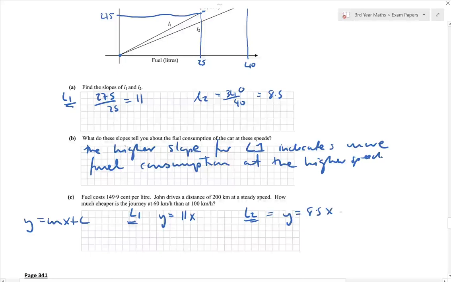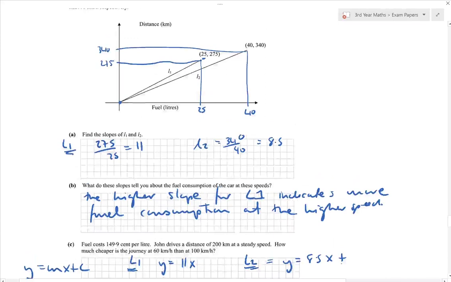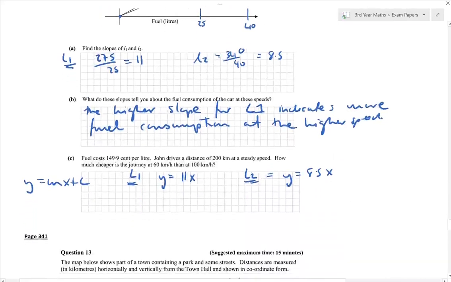But again, it crosses the y-axis at 0, so there is no constant. Okay, so those are the two equations of the line, and it says fuel costs 149.9 cents per litre. So x stands for our litres.